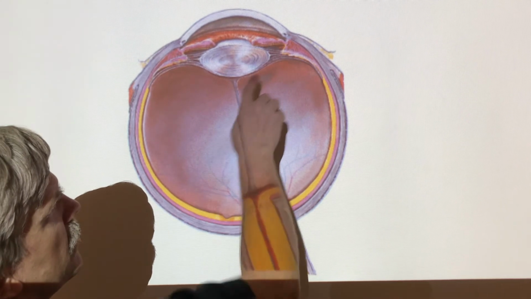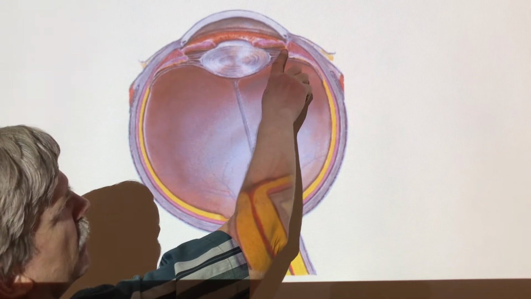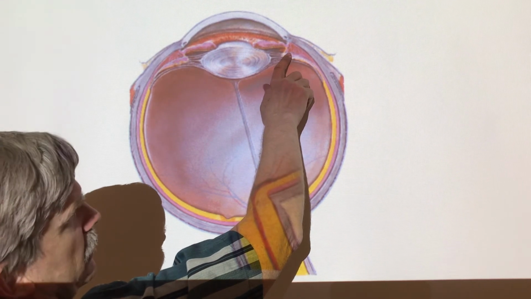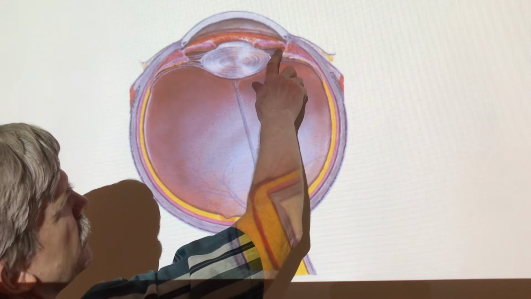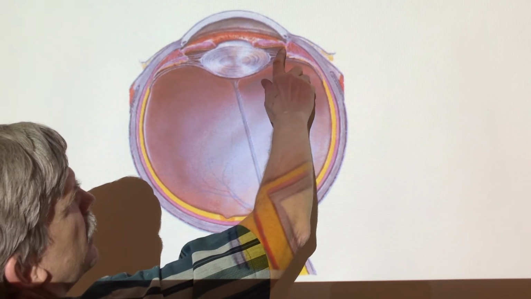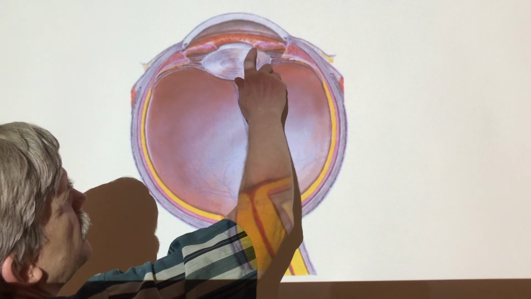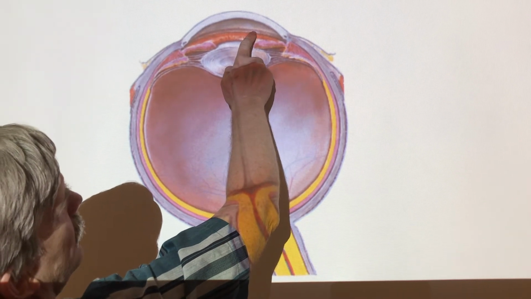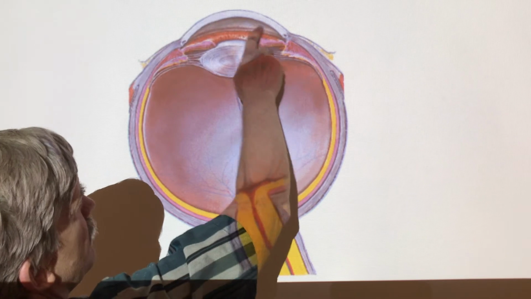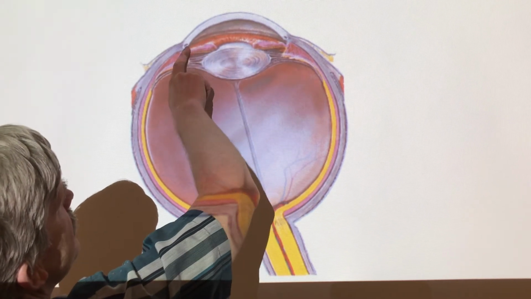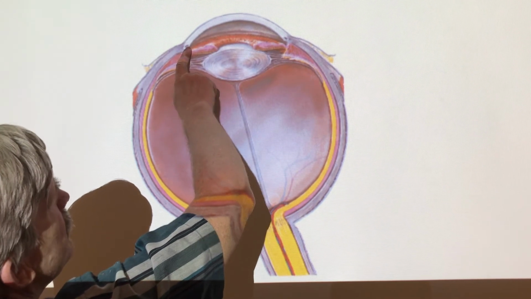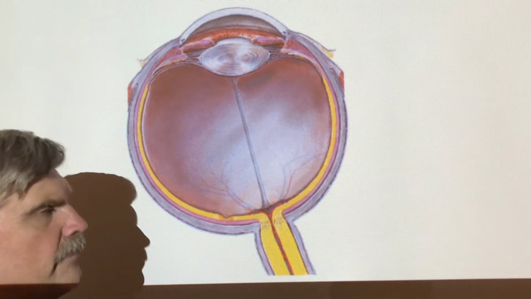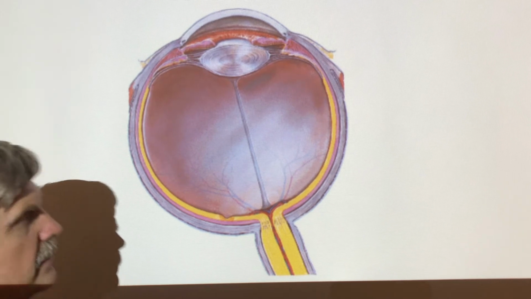So the way this works is right here you have the ciliary body, and the ciliary body is going to be glandular in nature, and it is going to produce aqueous humor. Aqueous humor is then going to flow over the surface of the lens, pass through the pupil, enter the anterior chamber of the eye, and then it is going to go into these little holes here and be reabsorbed and then eventually put back into the venous system.